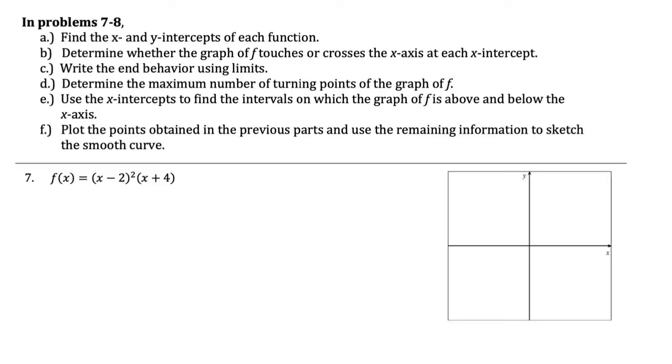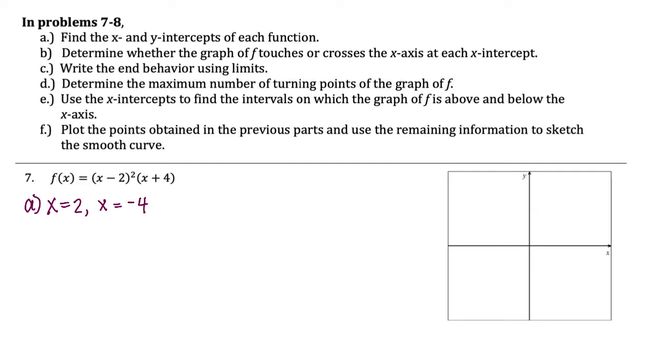All right, problem 7 and 8. We have a lot of different things to do with those. We have some graphs here. And so they've already given us our intercepts, which is nice. The first thing they want us to do in part A is find the x and y intercepts. So for part A, you should get x equals 2 and x equals -4.